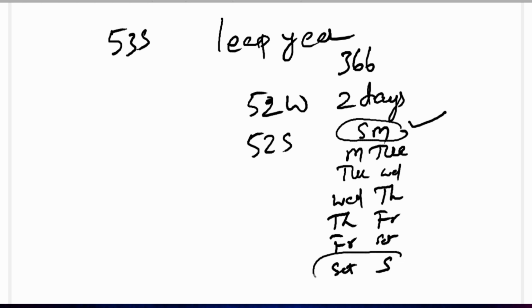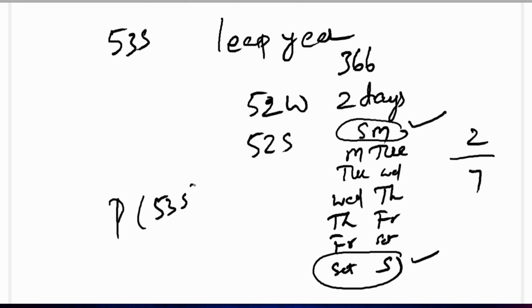From Saturday-Sunday, you have a Sunday. So the number of favorable outcomes is 2, total outcomes 7. So, the probability of getting 53 Sundays in a leap year is 2/7.